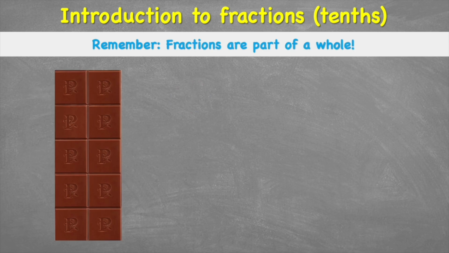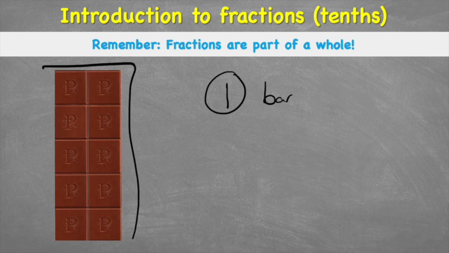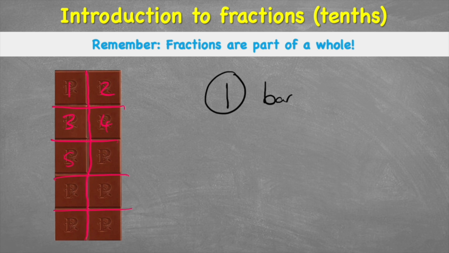Now let's have a look at it another way. This is my 1. I have 1 bar of chocolate. So at the minute I have a whole 1. However, we can see that it's been cut into 10 even pieces. I have 1, 2, 3, 4, 5, 6, 7, 8, 9, and 10.